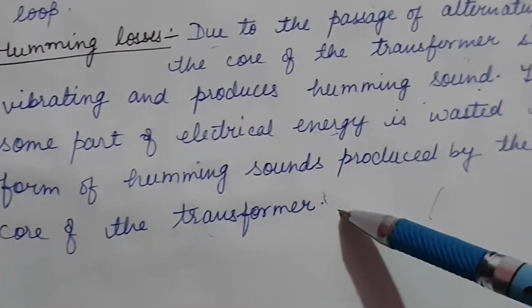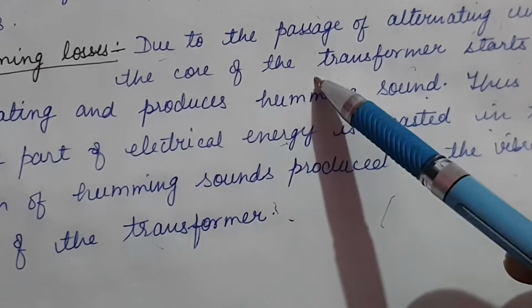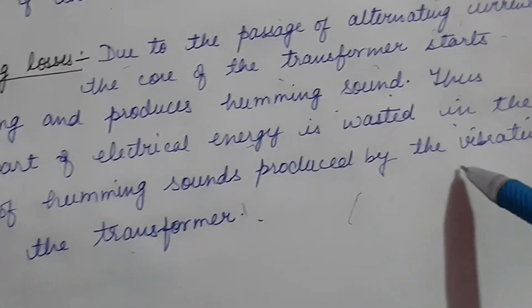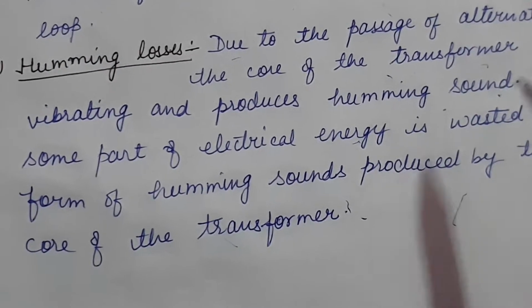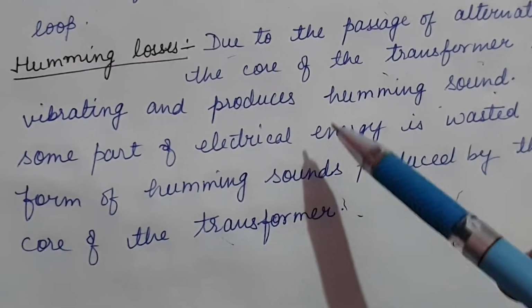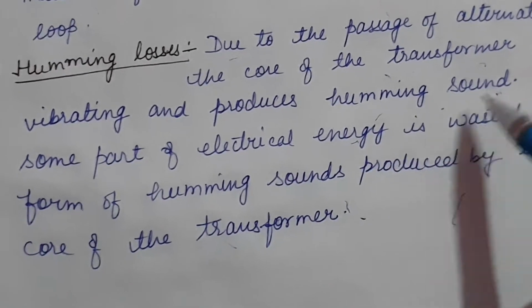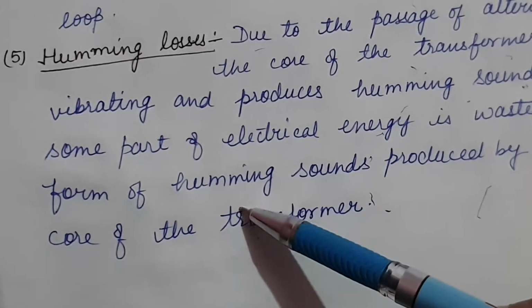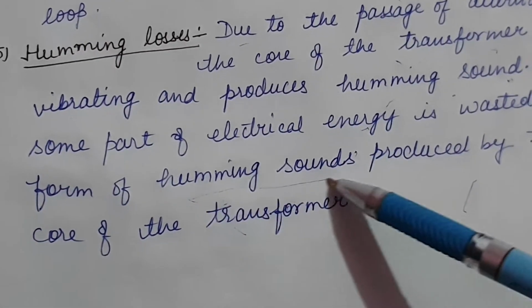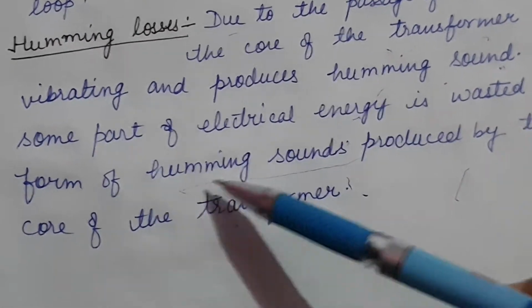Due to the passage of alternating current in the core, the core will start vibrating, and due to the vibrations it produces some humming sound. So some part of electrical energy is lost in the form of sound energy, or you can say in the form of humming sounds.